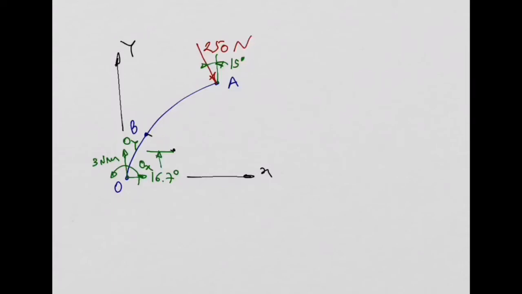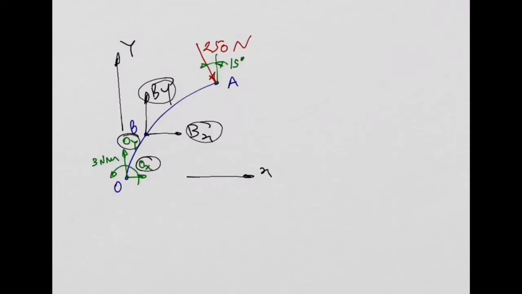So instead of doing this FBD, they basically included a BX and BY. Okay? And what happened was, if you do this, at the end you will have 4 unknowns. 1, 2, 3, 4. And you have only 3, so in this case you will have 4 unknowns for only 3 equilibrium equations. And then it means they cannot solve the problem.